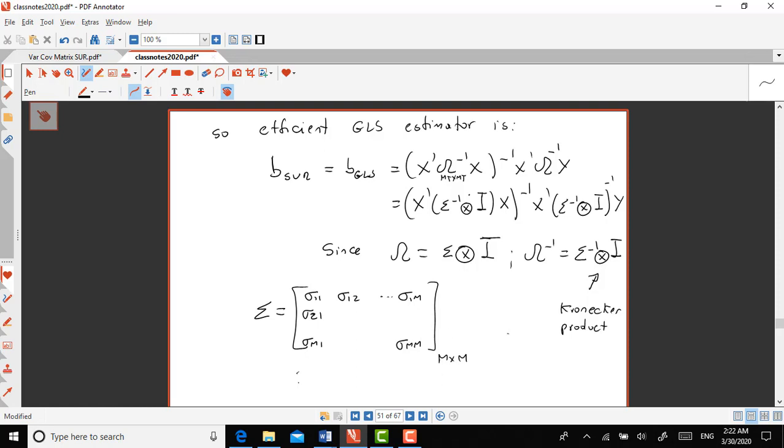So that's why we rewrite the equation in that form. That is the estimator, but of course, this is the GLS estimator where we're assuming that we know the structure. Later on, we will talk about the feasible generalized least squares estimator, but that gives us an idea of what we need to do.